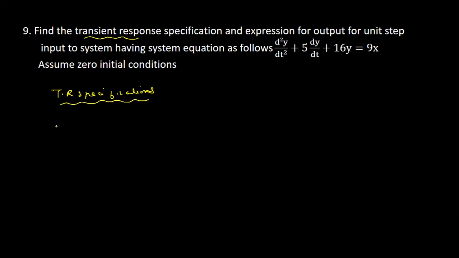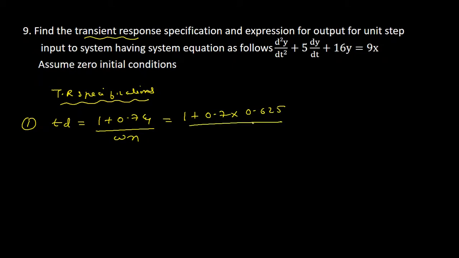Now we have to find the transient response specifications. First specification is delay time Td. Its formula is 1 plus 0.7 zeta divided by omega n. When we put the values, we will get 1 plus 0.7 into 0.625 divided by 4. When we solve this, Td will be equal to 0.3594 seconds.